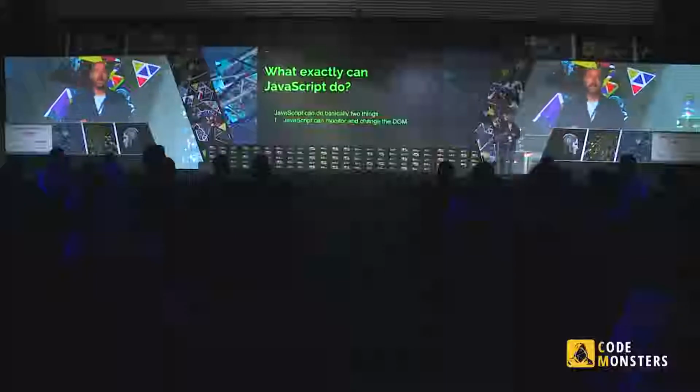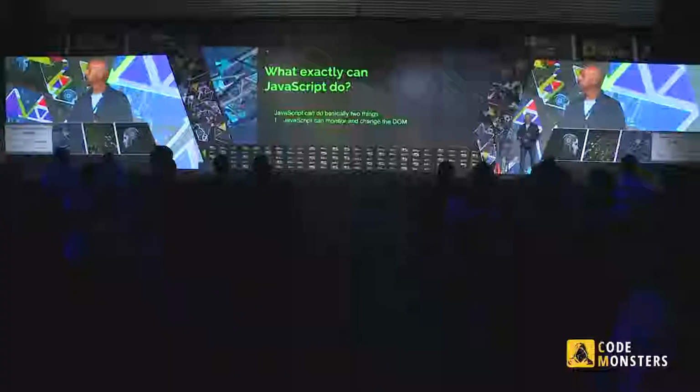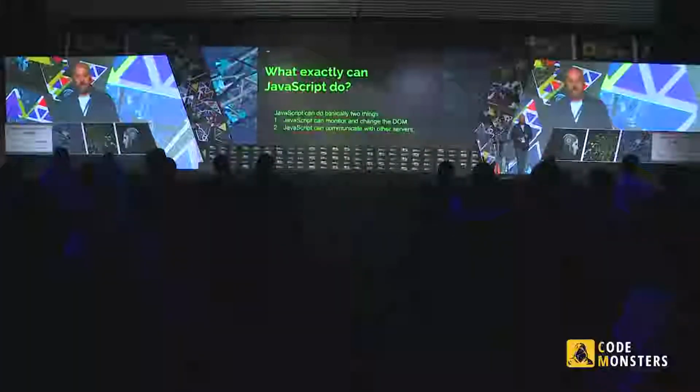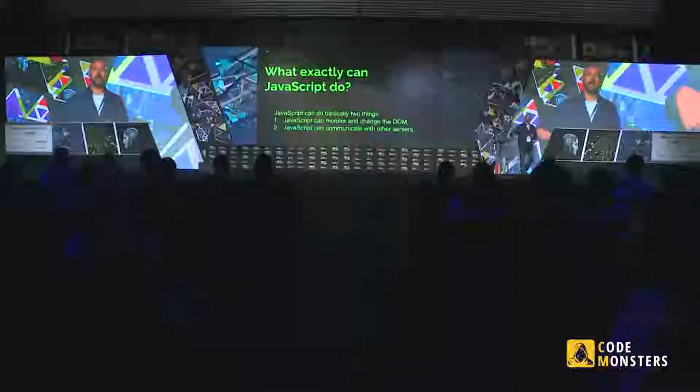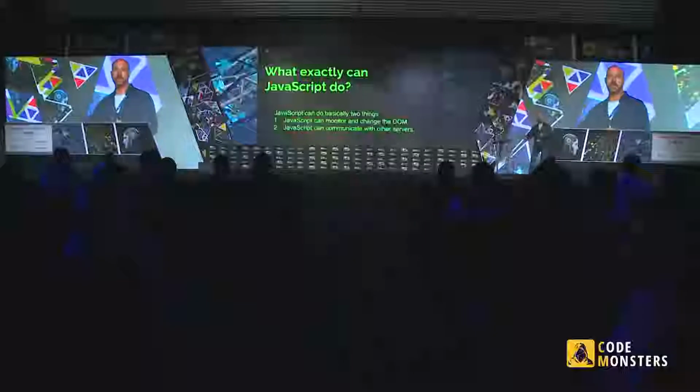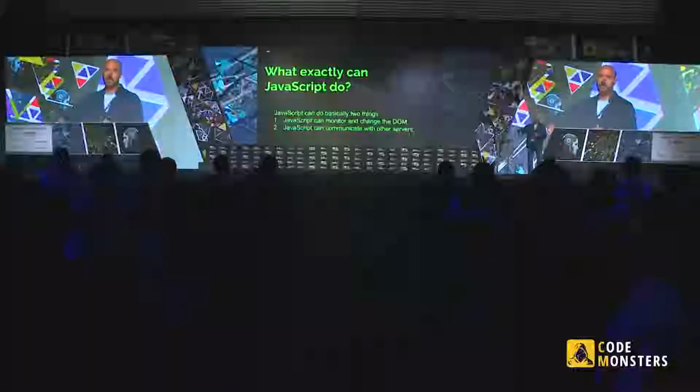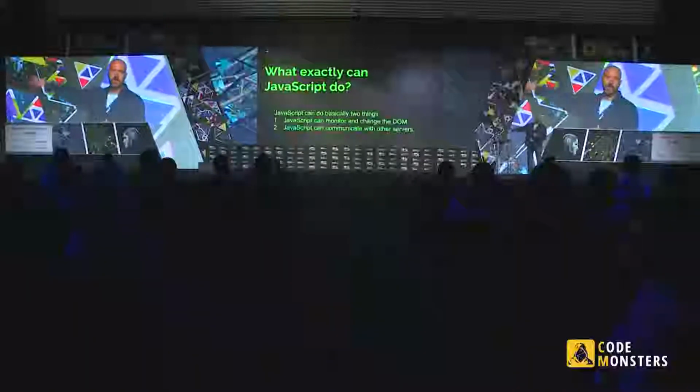One of them is monitor or control or modify the document object model. For example, this is what a lot of the JavaScript frameworks like jQuery do. The other thing JavaScript can do is talk to other servers. An example of this would be Google Analytics. You just load it on the page and it calls the mothership.